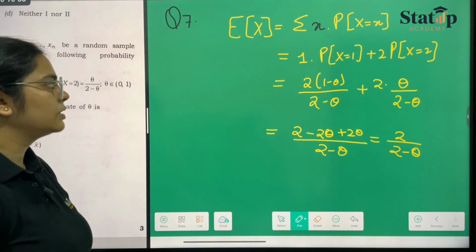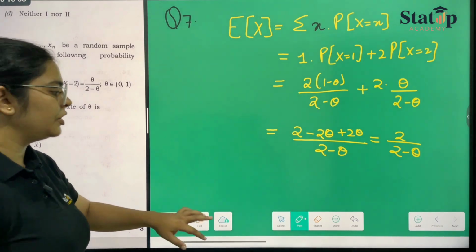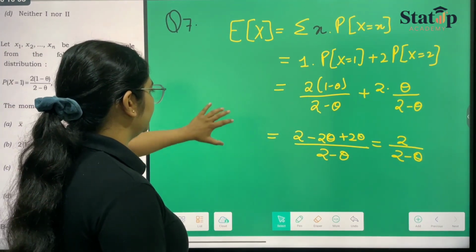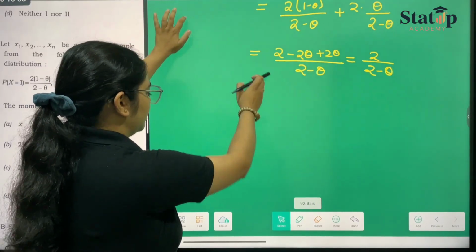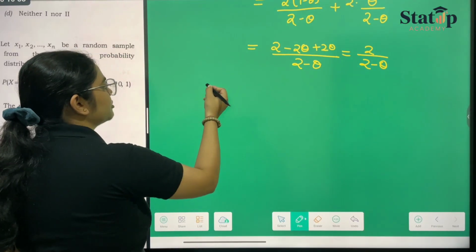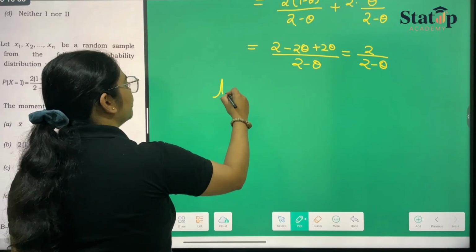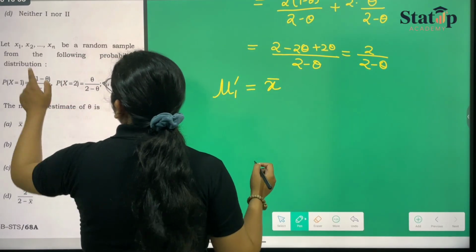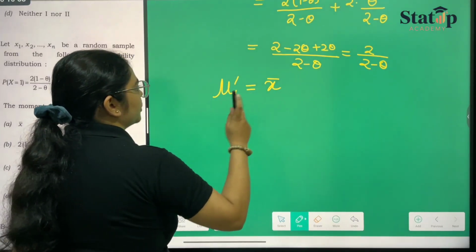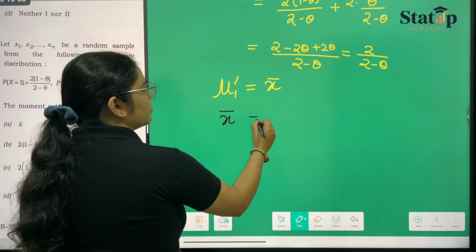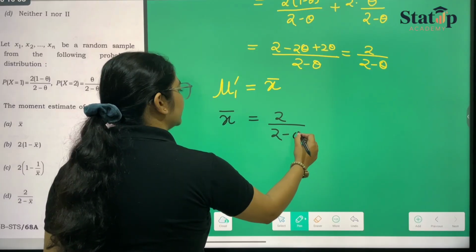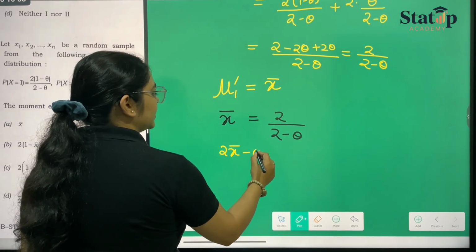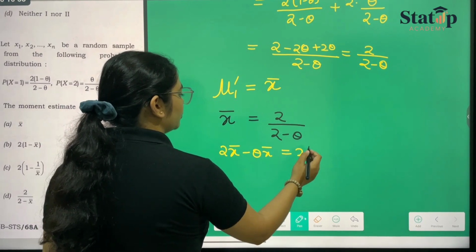Okay, we have solved this. Now since we have to calculate the moment estimate, we put it equal to x bar, because we know that mu 1 dash is equal to x bar for this probability distribution. So putting x bar equal to 2 upon 2 minus theta, it will be 2 x bar minus theta x bar is equal to 2.